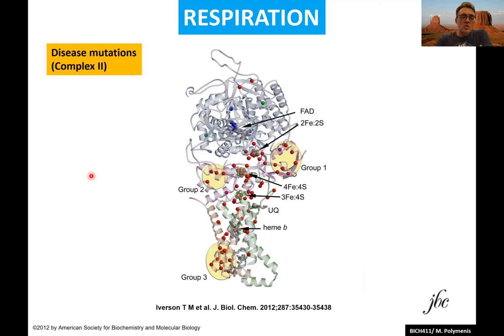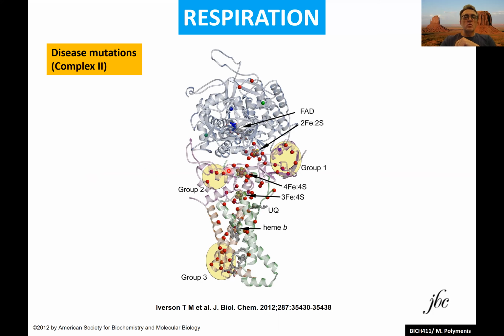Disease mutations are actually quite common in complex 2, common meaning you can have patients that are alive and you can see them. So they're not as lethal as with the other complexes, and they exist. In this case, they exist even on the complex itself, unlike the case for complex 1, where most of the mutations are in the assembly pathway, how to put it together.